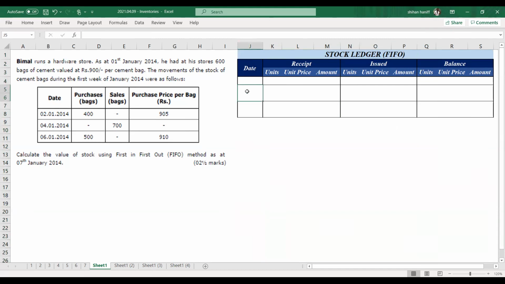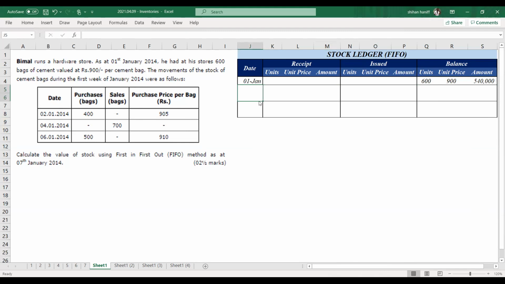You all can draw this if you don't know. The date, 1st of January. There is a balance of 600 units, 600 bags, valued at 900 rupees. So the total value is 540,000. So that is opening balance.